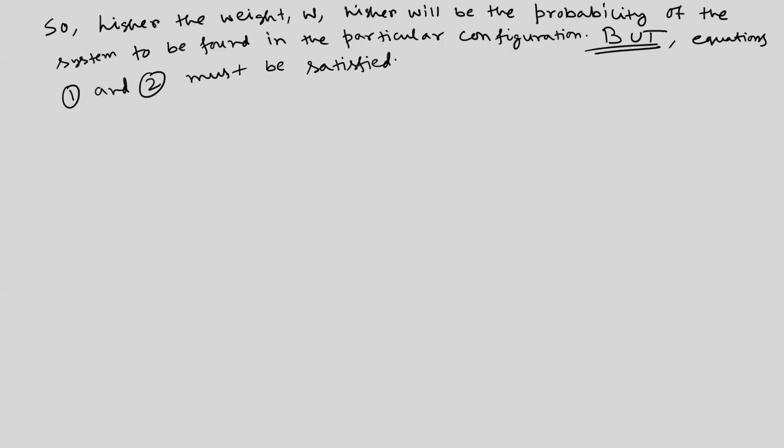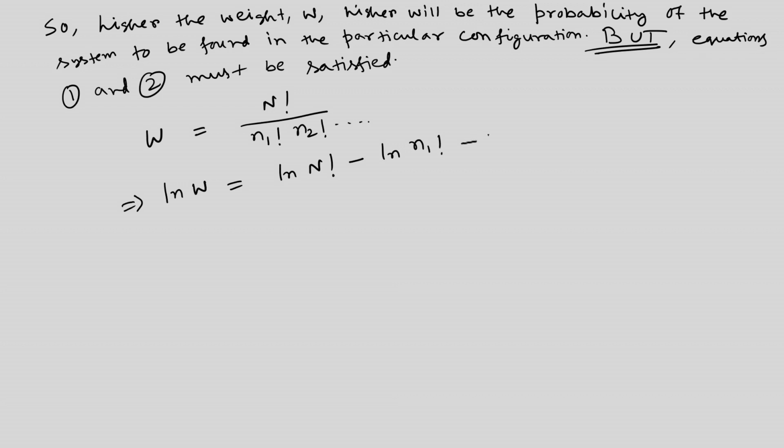Okay. So, we recall W is N factorial divided by n1 factorial, n2 factorial, and so on. So, we can take the log: ln W is ln N factorial minus ln n1 factorial minus ln n2 factorial, and it goes on. So, we can write ln W is ln N factorial minus the sum over i of ln ni factorial.